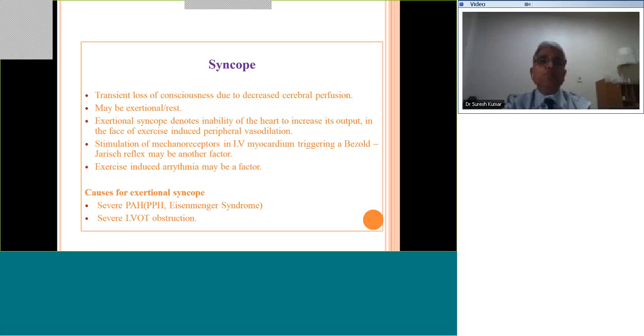As for the causes of exertional syncope on the right heart, think of primary pulmonary hypertension and Eisenmenger syndrome. Primary pulmonary hypertension in the relatively younger child and the Eisenmenger syndrome in the adult. Severe LVOT obstruction at any age.